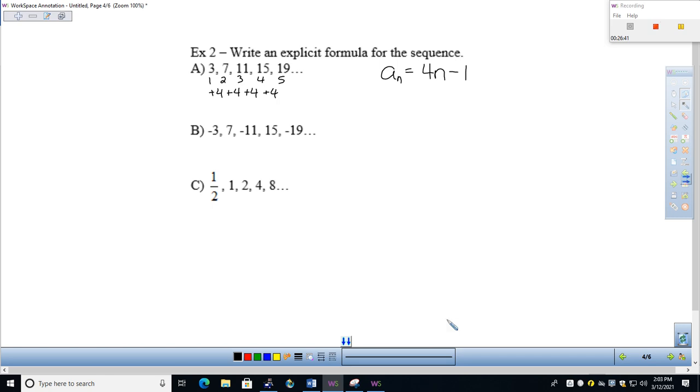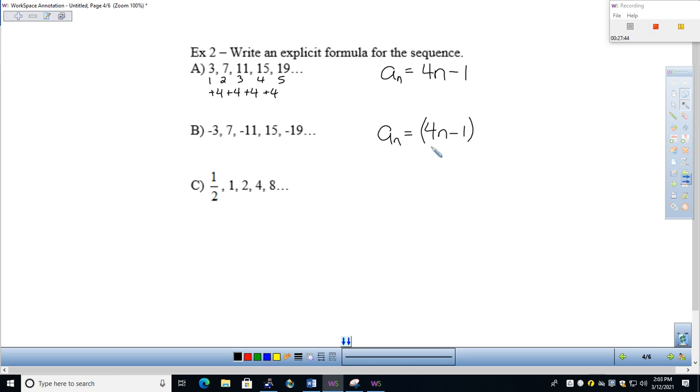All right, let's do the next one, a sub n equals. In this particular case, it's the same numbers, except they're alternating negative to positive, negative to positive. So I'm hoping you were paying attention to the last example, I think it was letter C in example 1.